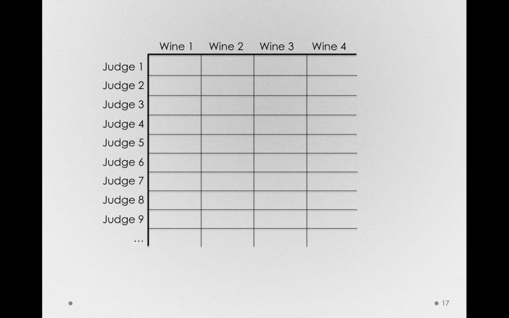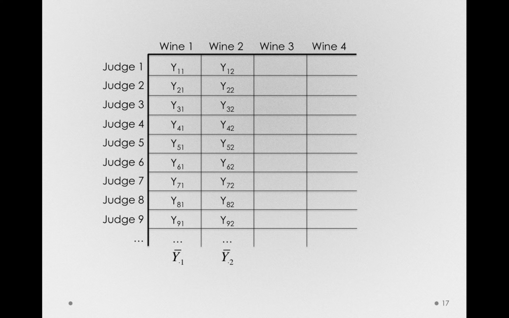Let's first think about our observations for wine 1. Each of our judges will give us an observation, and so we'll have y-scores for each of those. Now, at the bottom, we'll have an average for wine 1. That is, across all the judges, there'll be some y bar, and this will be y bar dot 1. Next, for wine 2, we'll also have observations for each of the judges, and we'll have another y bar dot 2. For wine 3, we'll have the same situation, y bar dot 3.